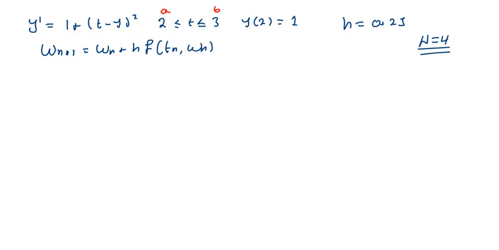Keep in mind this can also be written as y sub n plus 1 equals y sub n plus h times f of t sub n, comma, y sub n. It's one and the same thing.